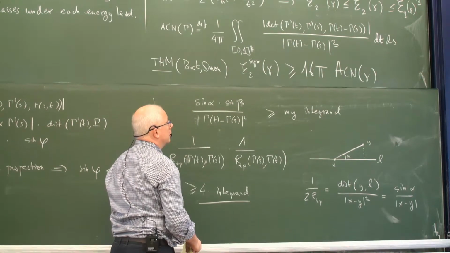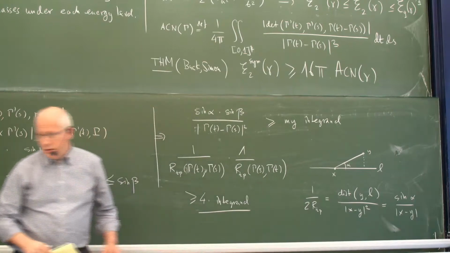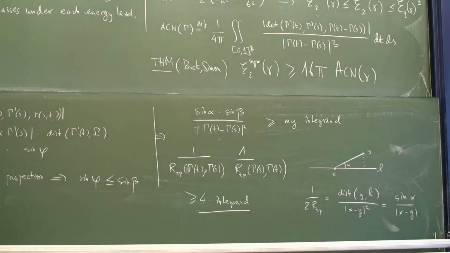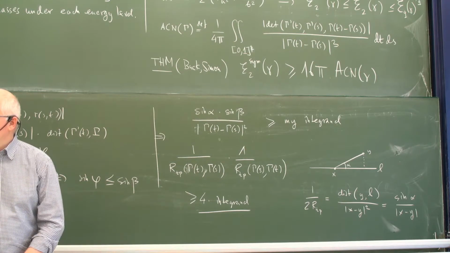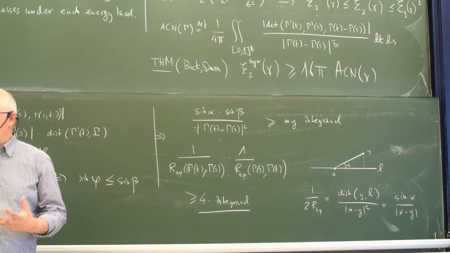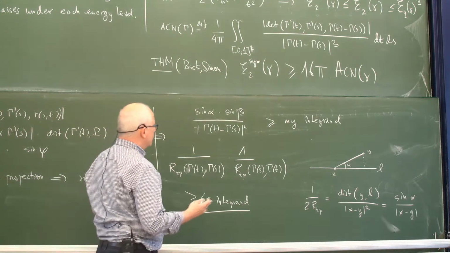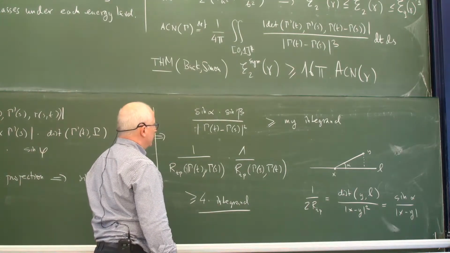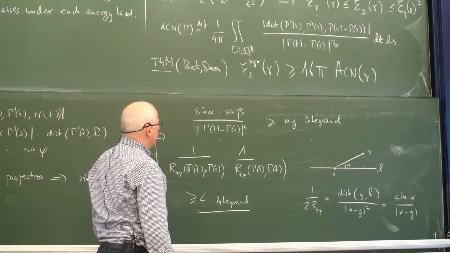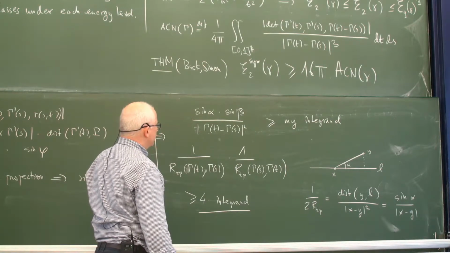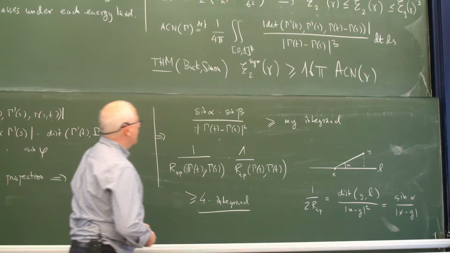So this energy, as people say, can detect the unknot. If you have something really knotted, then no matter how you project, you obtain intersections, and for the unknot you don't obtain them.